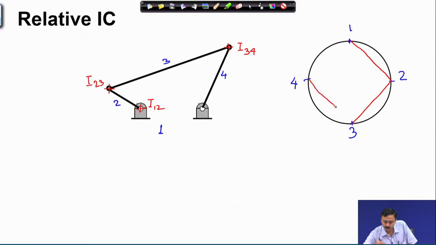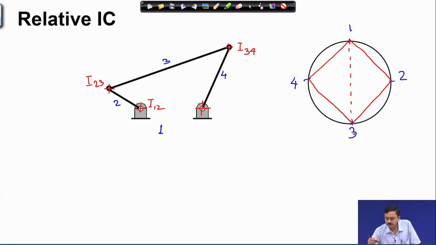So, I will join 3, 4, and I also know the relative IC of link 4 with respect to link 1. So, I will join 1 and 4. Now, what I do not know, the circle diagram immediately tells me. For example, I do not know what is the relative IC between 1 and 3. This has not come out as yet, but can we find it?